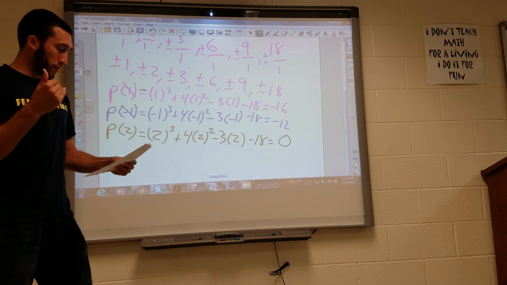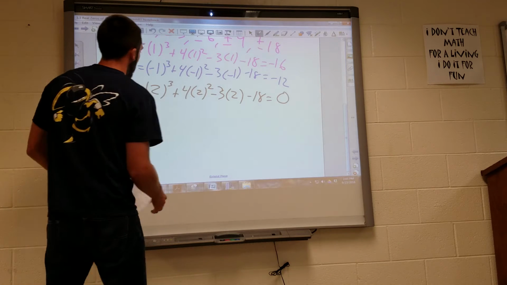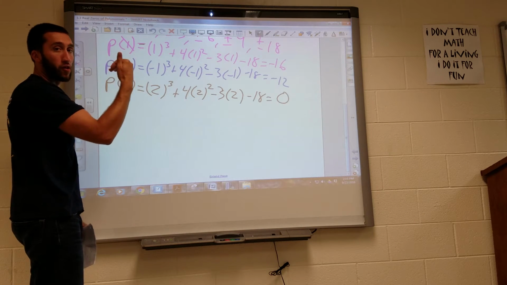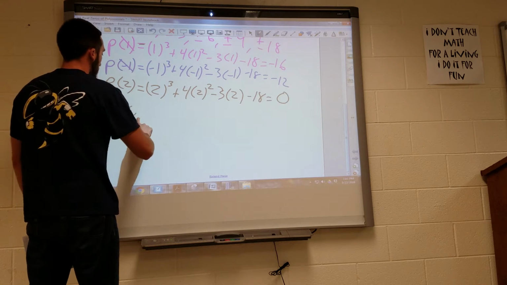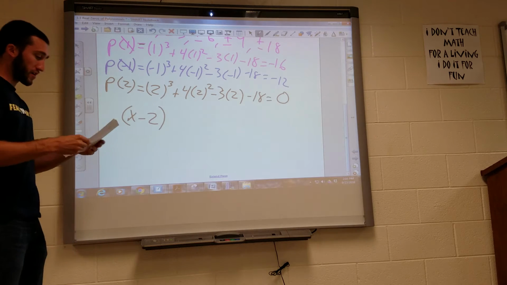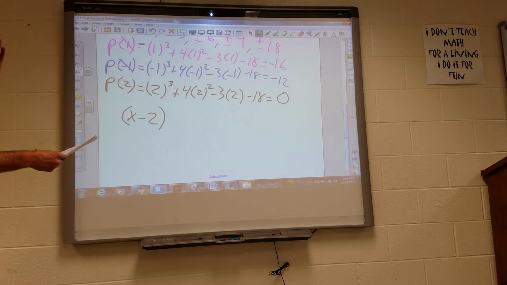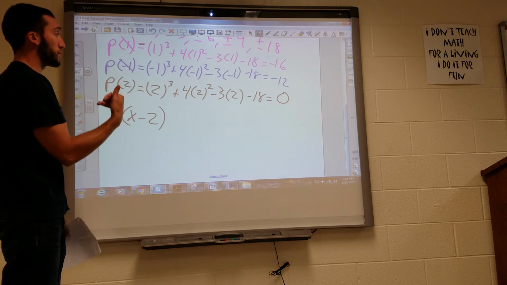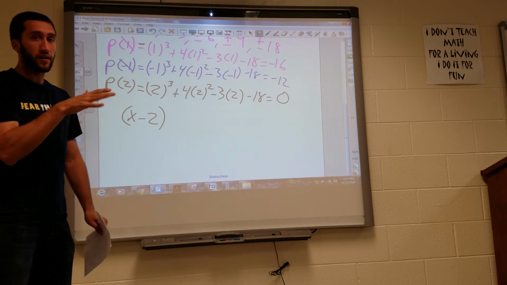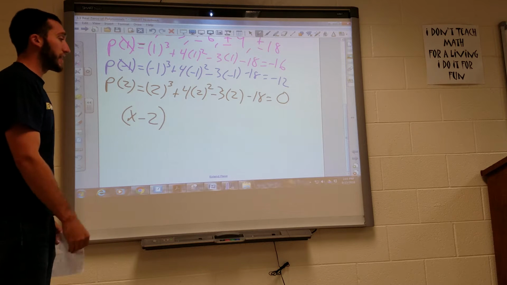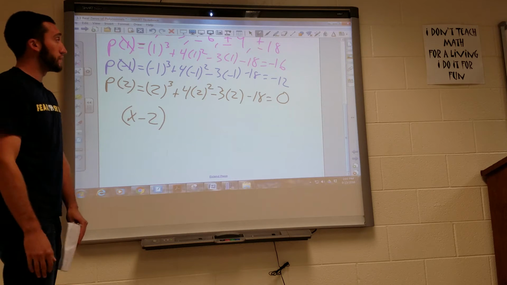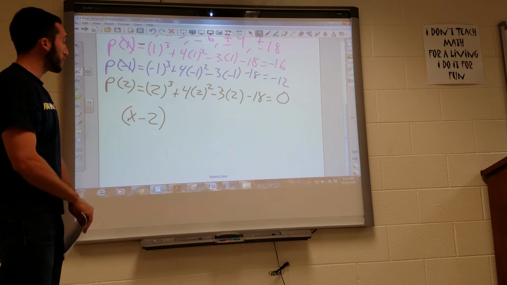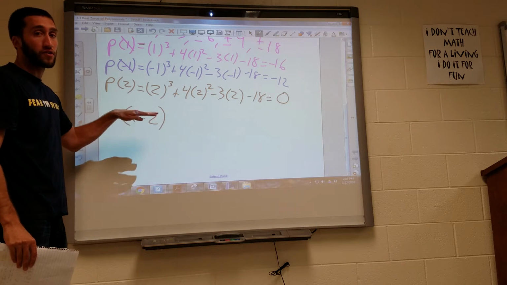So that really means that the factor of that polynomial, right, is x minus 2. So now that we know the factor, in order to simplify our polynomial down to try to narrow it down to the zeros, I need to use synthetic division to divide the original polynomial by the number that we now know to be its factor.